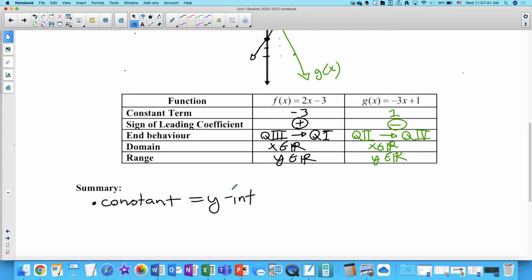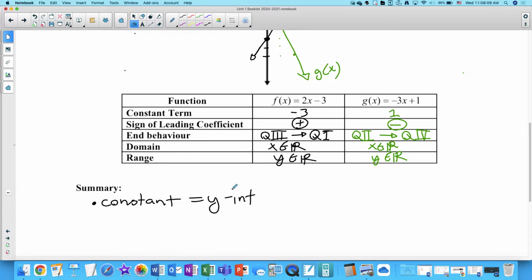Okay, sign of the leading coefficient. So if that a value is positive, what do you think that's going to affect? What factor do you think that's going to affect if a is positive? Yeah. It is going to affect the slope, you're right, right?